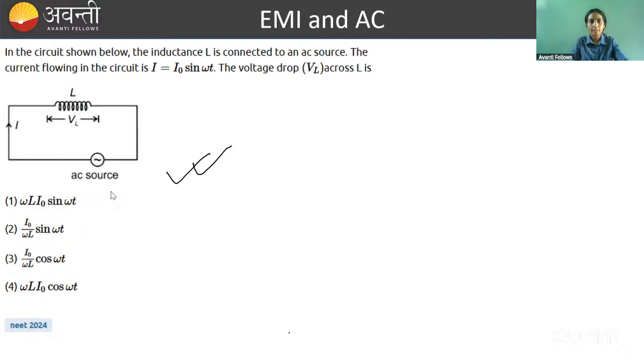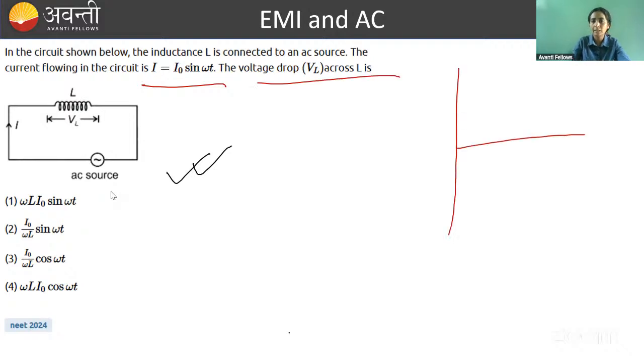Okay, let me do it now. In the circuit shown below, inductance L is connected to an AC source. Current is given as this. Voltage will be that. So you must have seen this diagram. I had made such a diagram, right? I wrote here R. I wrote here XC minus XL. I wrote here Z. Right? So similarly, here it is Z. This is your XL and this is your XC.